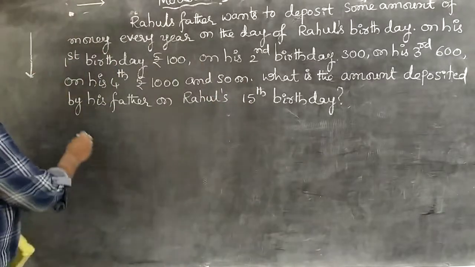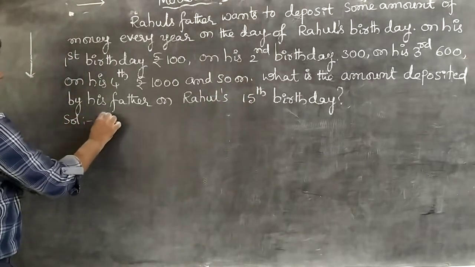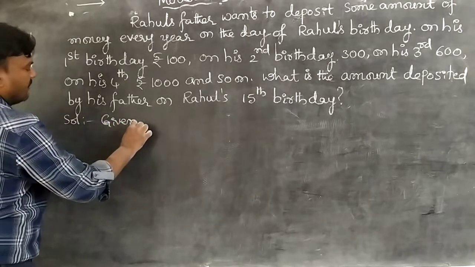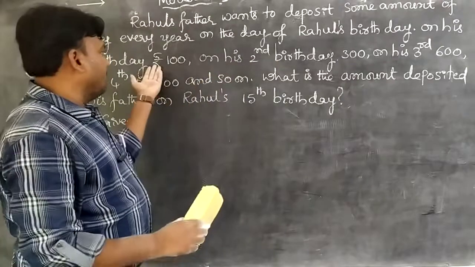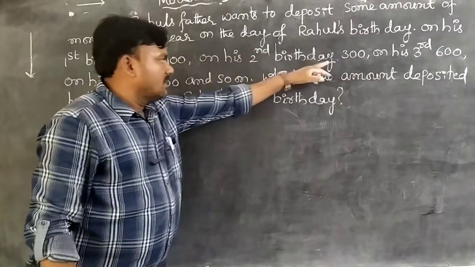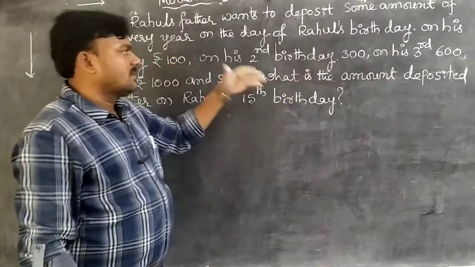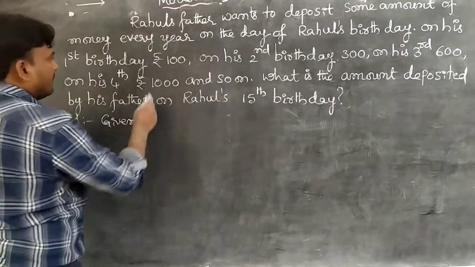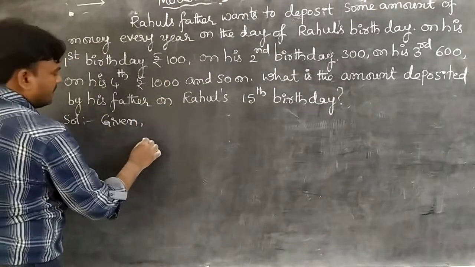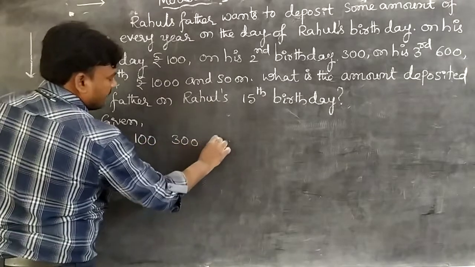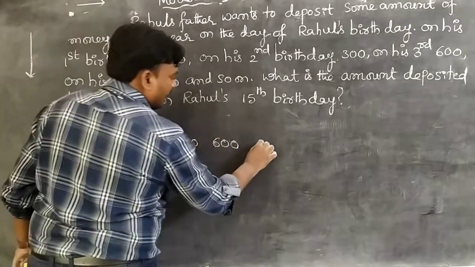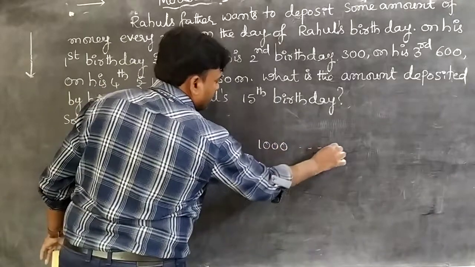Okay, here, observe, students. First birthday, how many rupees? 100. Second birthday, total means previous and present, both summation, is 300. Next, the third. So we are taking the amount deposited: 100, next 300, 600, and also 1000, and so on.